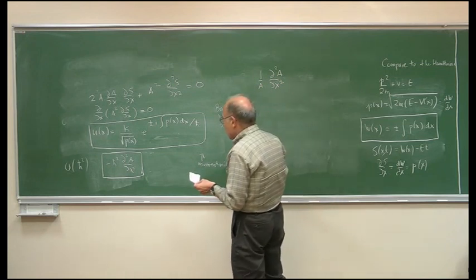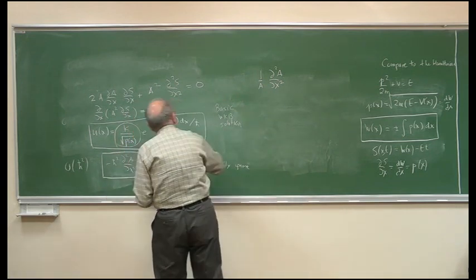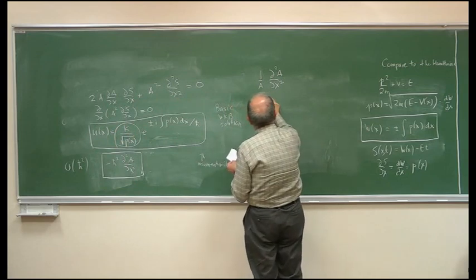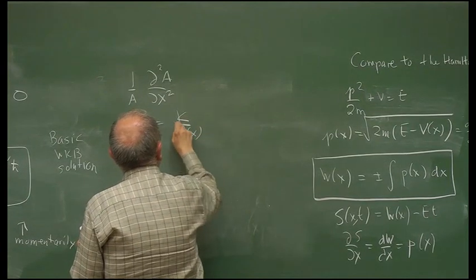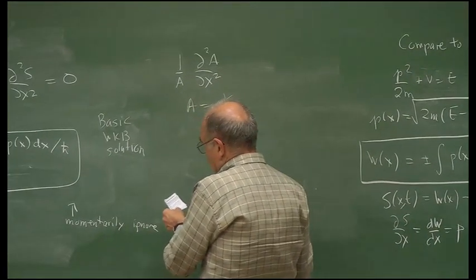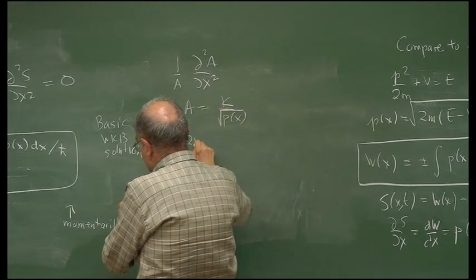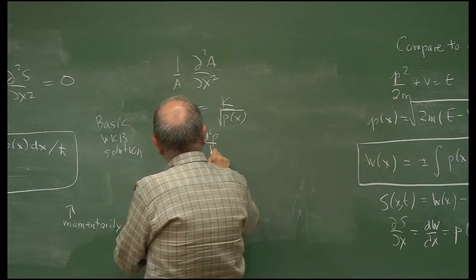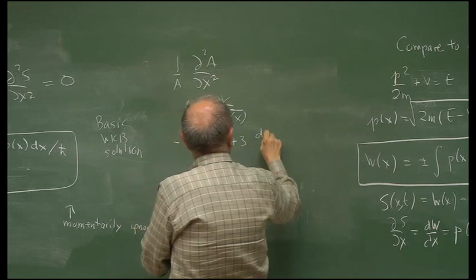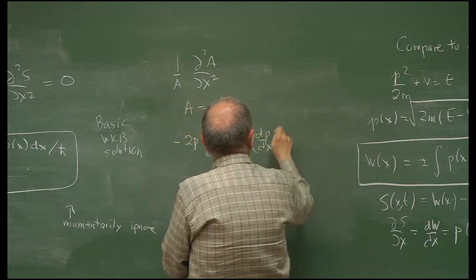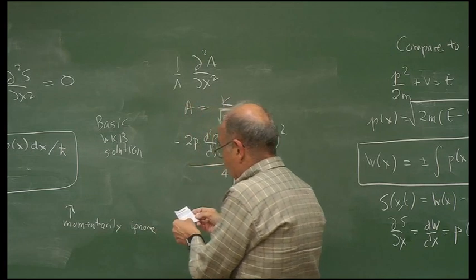Of course, for A, we do have a solution right here. It is k over the square root of p of x. So we can calculate this as minus 2p d squared p by dx squared plus 3 times dp by dx squared, divided by 4p squared.